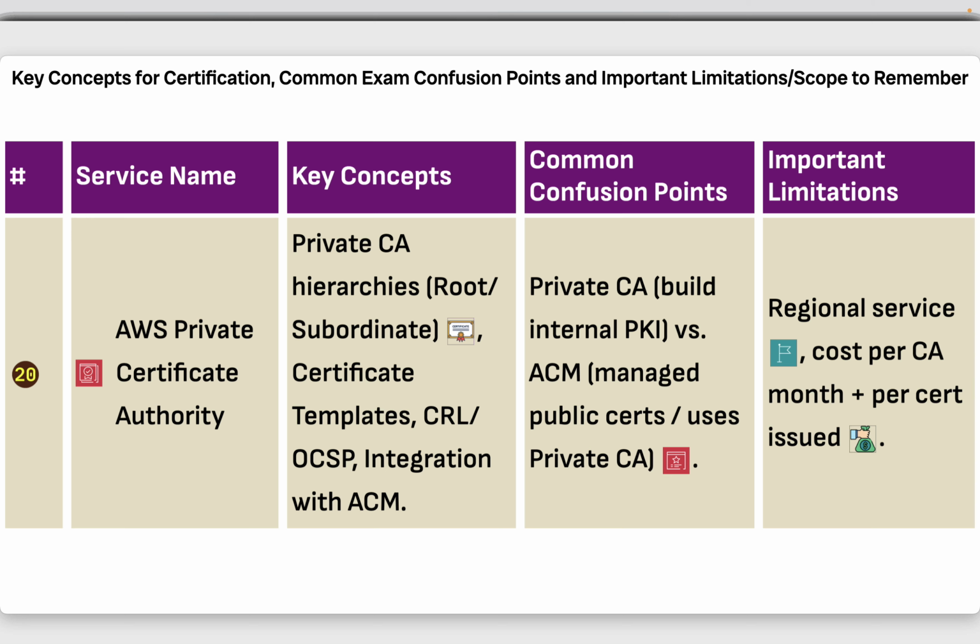Confusion points are private CA, which is built for internal PKI, versus ACM, which manages public certificates and can also use private CA. Limitation: it is a regional service, and there is a cost per certificate authority you create per month, plus per certificate you have issued.